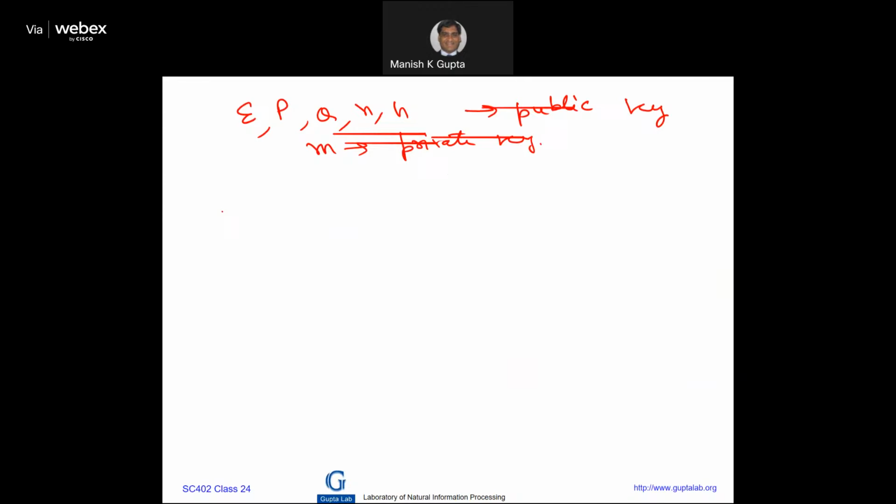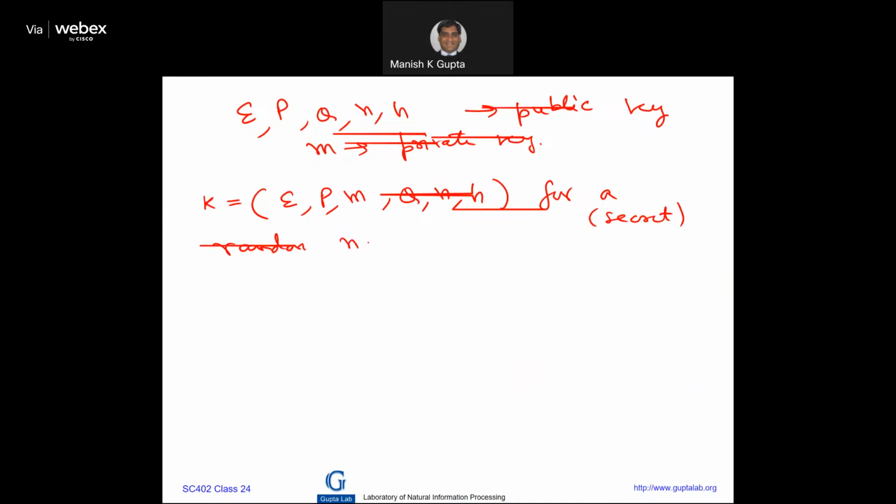For k equal to E, P, m, Q, n, h, for a secret random number k in Z_n star, and for a plain text x in Z_p. This is your plain text.